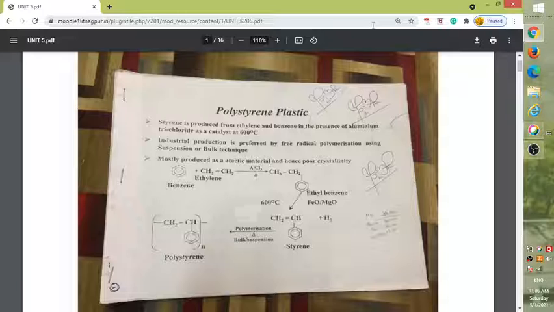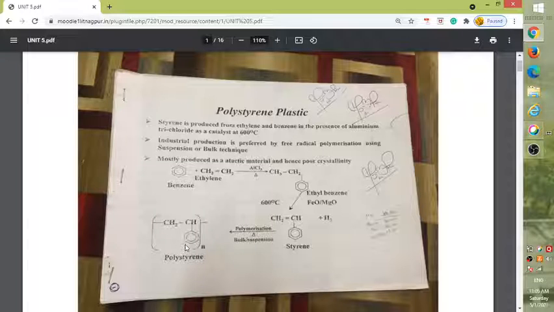Then polymerization leads to the formation of polystyrene. Also FeO and MgO is used here and 600 degrees Celsius is there. Then you polymerize this monomer styrene and you get, by bulk or suspension technique, polystyrene.